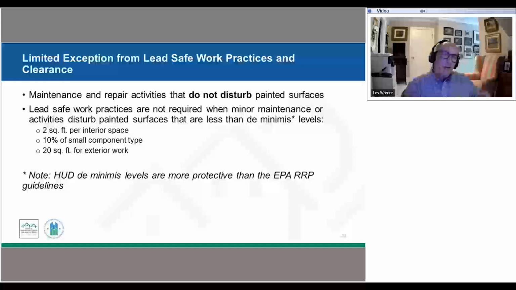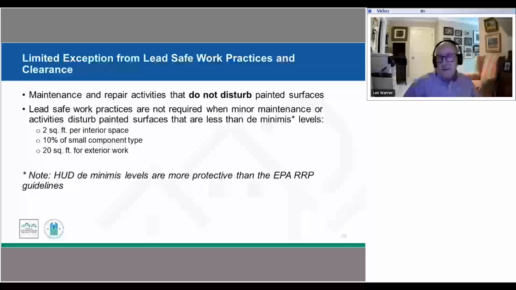All right, and then we also have times where we have some limitations on the requirements. So you may be doing some maintenance or repair activities on a unit that's not going to disturb any painted surfaces. Maybe you have a unit with a leaking faucet at the kitchen sink, and you're going to be replacing that faucet.